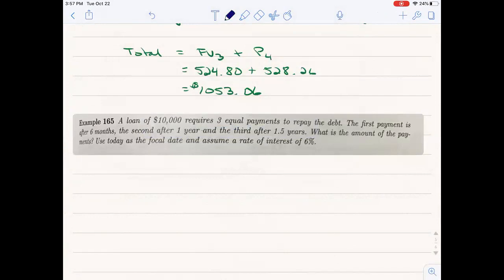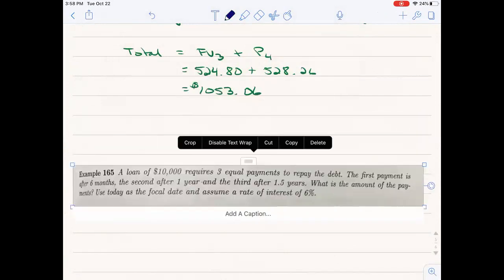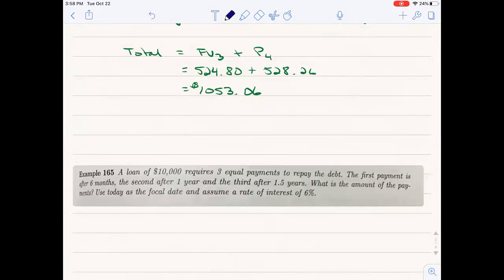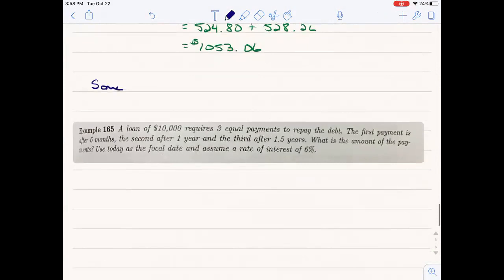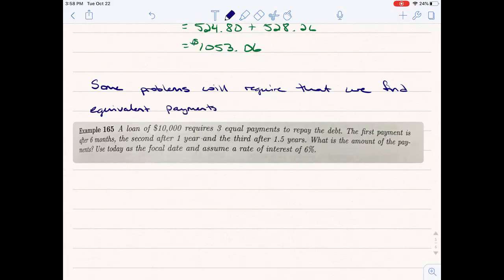And you know what? I'm going to make a little note here first. Some problems will require that we find equivalent payments, or unknown payments.